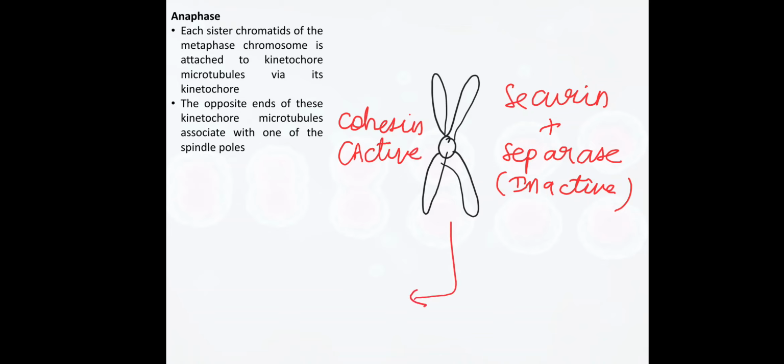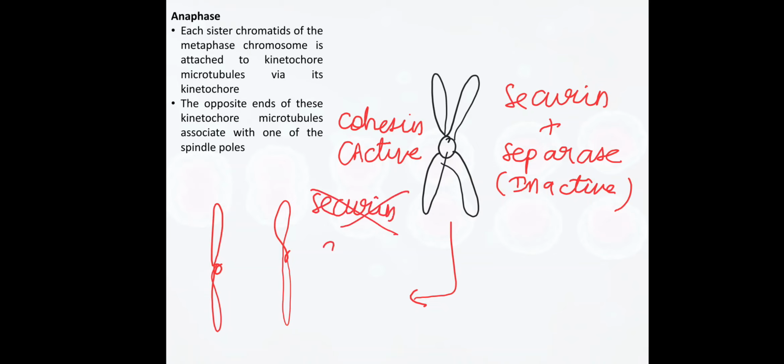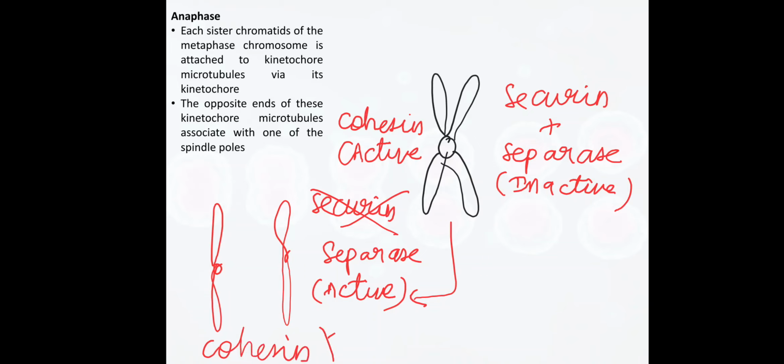After this, what will be the situation? This becomes loosened. At this stage, what changes have been done? Securin is destructed. Separase is active. Cohesin leaves. Cohesin is degraded.